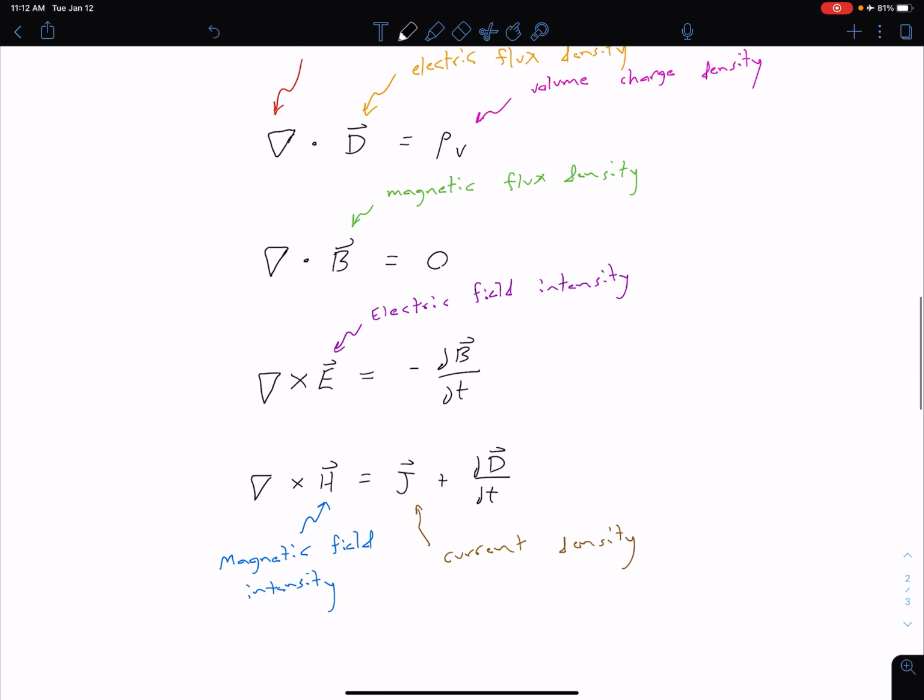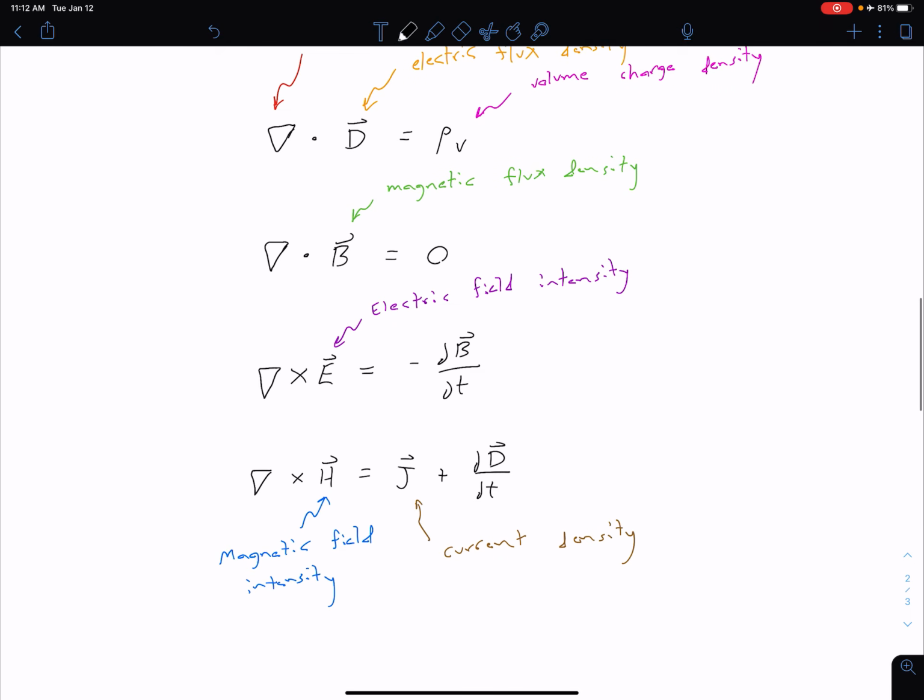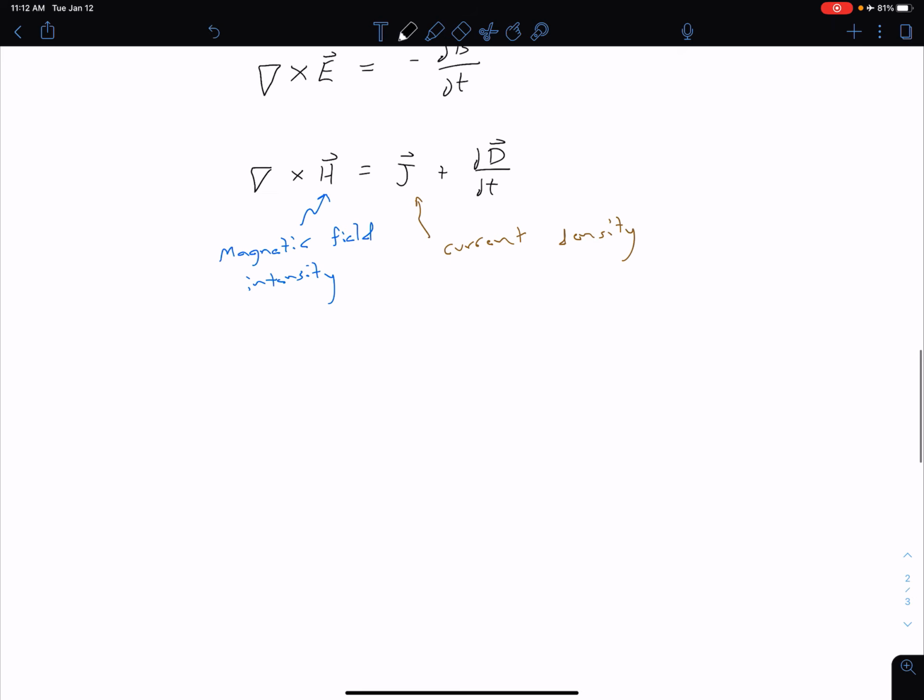So we'll notice that some of these letters have arrows over them, for instance, this D, whereas some of them don't, for instance, this rho sub V. And so what that indicates is that we're going to be dealing with vector quantities and scalar quantities. So in the above equations, if a letter or a parameter has an arrow above it, that indicates it's a vector quantity.